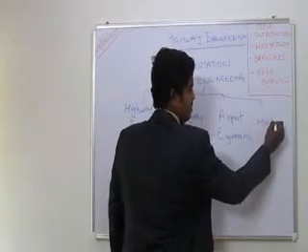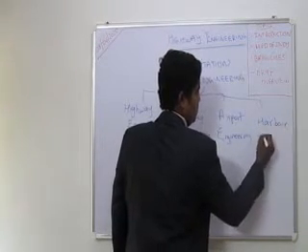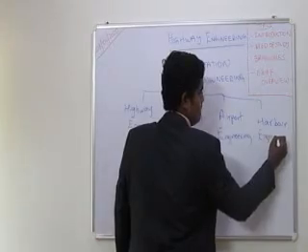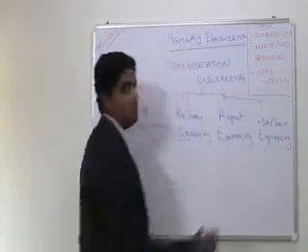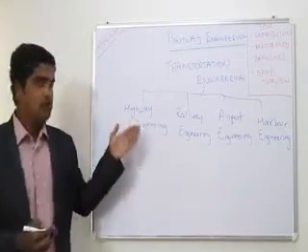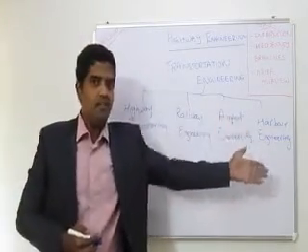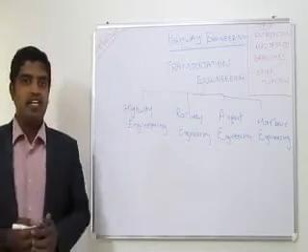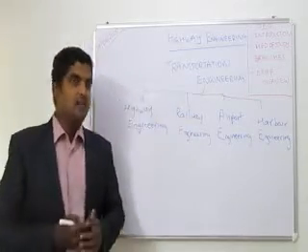Then harbour engineering. So these are the main branches of a transportation engineering, that is roads, rails, air and waterways. So these four methods we can travel from one place to other place.